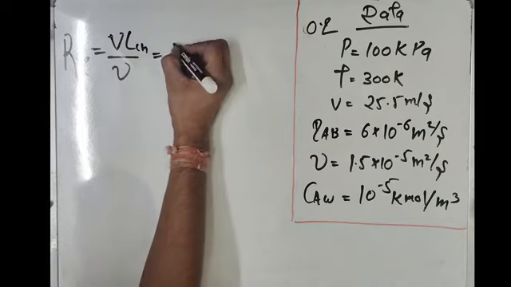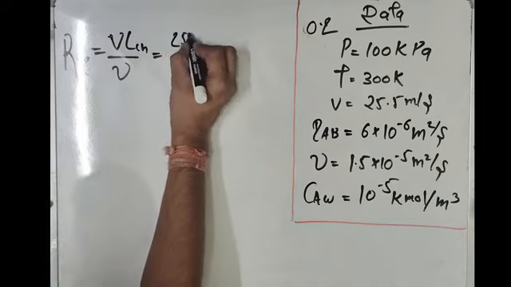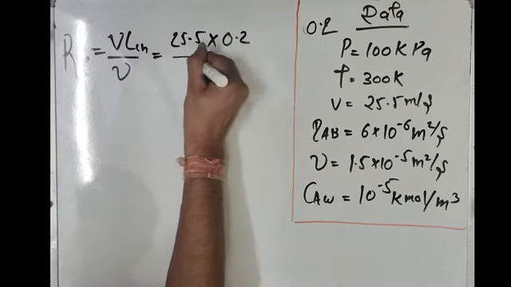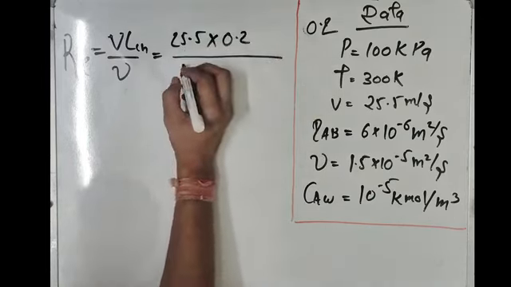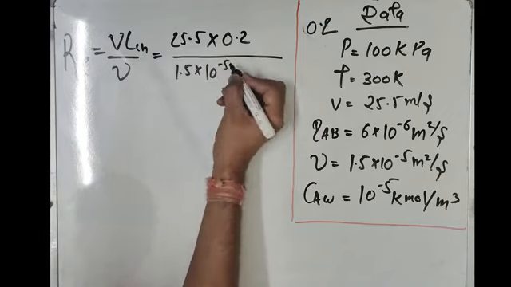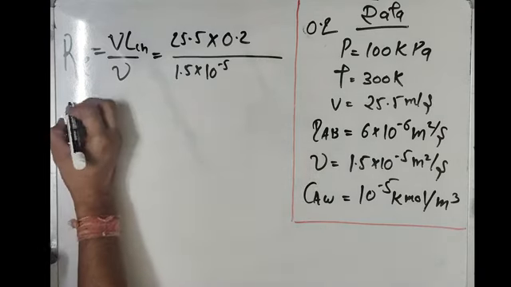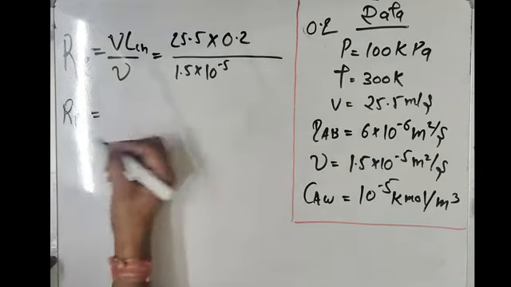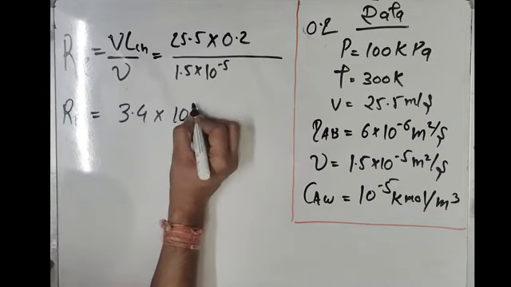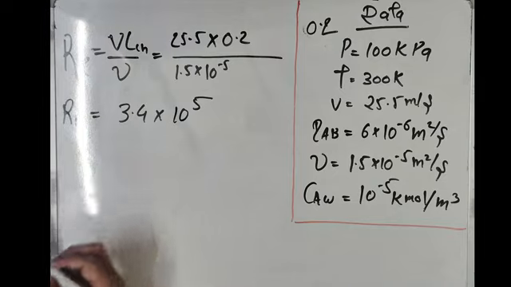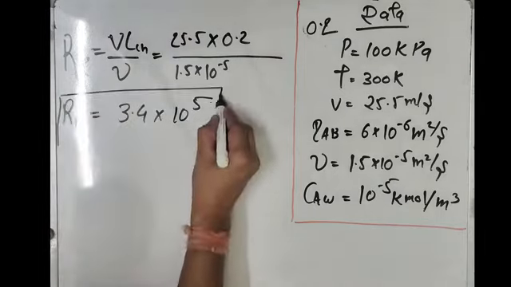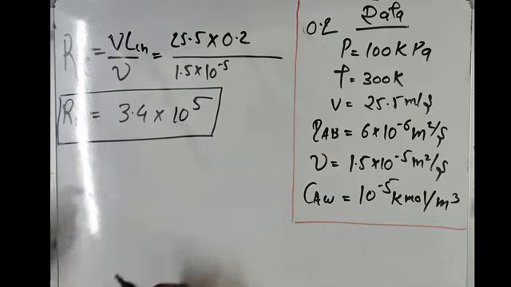The velocity is 25.5 meter per second, the characteristic length is 0.2 meter and the kinematic viscosity is 1.5 into 10 to the power minus 5 meter square per second. After calculating, the Reynolds number that we obtain is 3.4 into 10 to the power 5. Let's see this from the table.